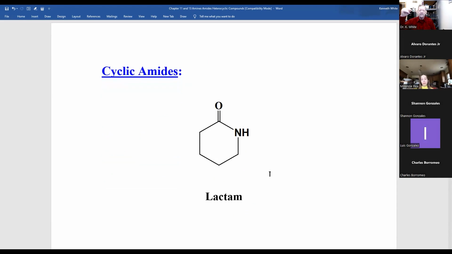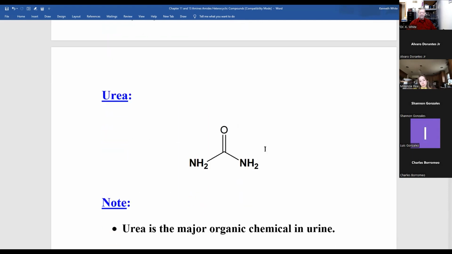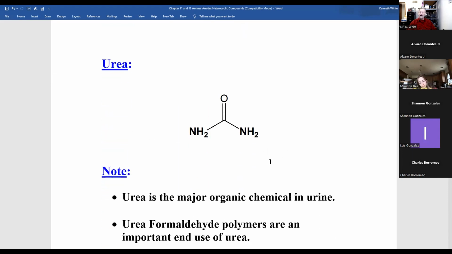All right. You can have a cyclic amide, and that's called a lactam. I'm not going to go into lactams in this class. Now, let's talk about a molecule at first glance. Remember, amide.